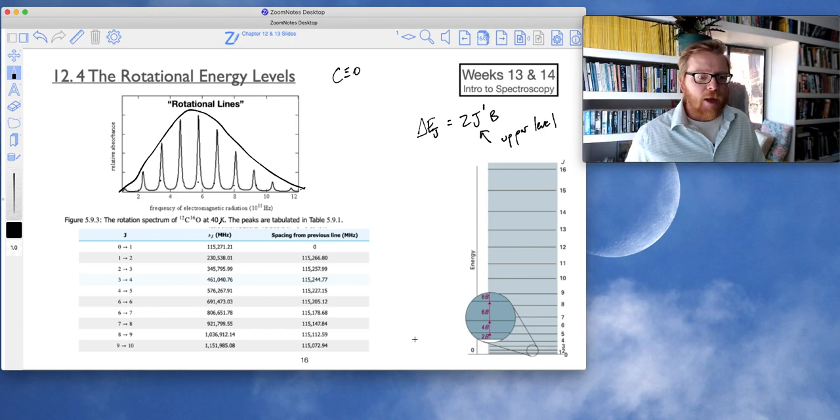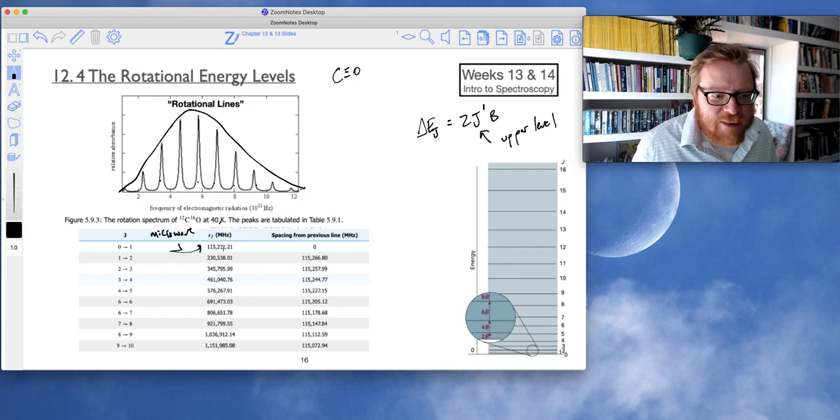Okay? And what I also want to point out now is if we start looking at the actual frequencies, we can look at this in terms of wavelength or frequency, right? So here this is given as frequency in megahertz, and that's microwave radiation. Okay, so these are microwaves. And now you notice that they are going up by this even amount.